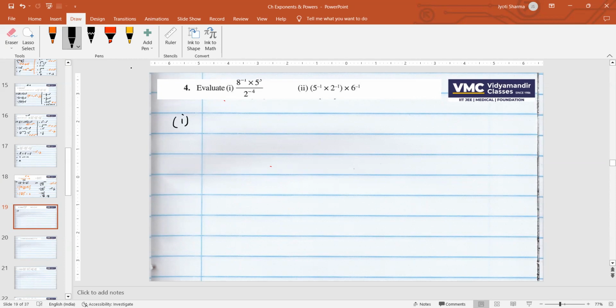Again, find the value or evaluate, it is the same thing. So here you can see that 5 and 2, the bases, are prime numbers, 8 is a composite number. So I will write 2 to the power 3 raised to the power which is already there, minus 1.